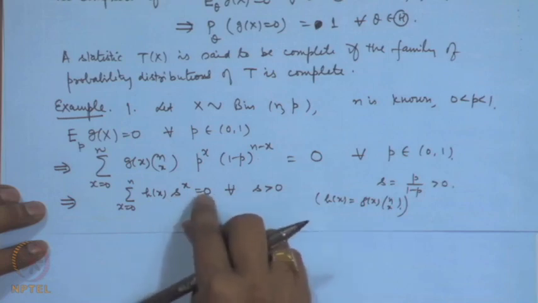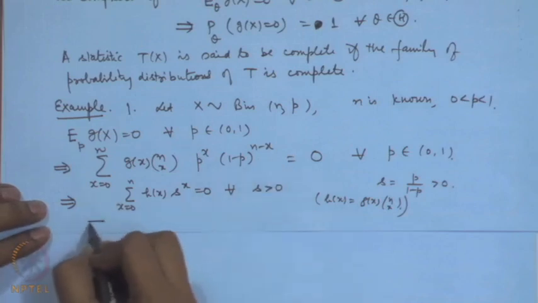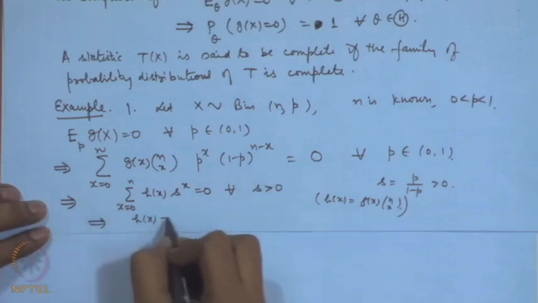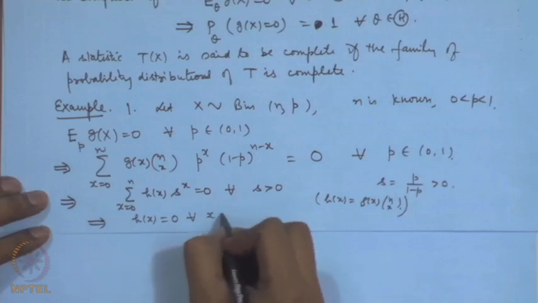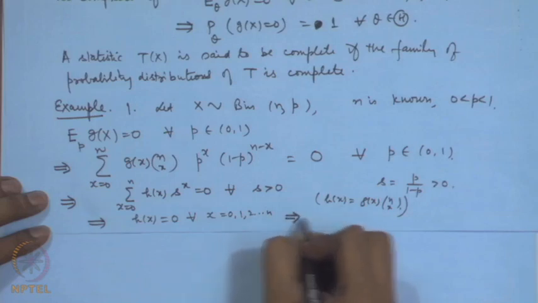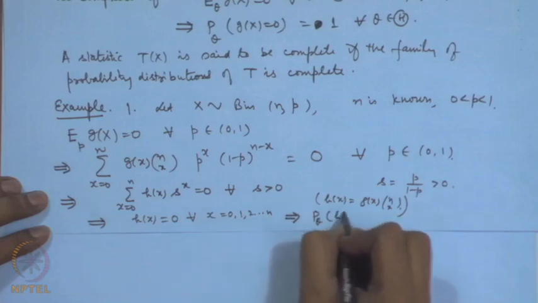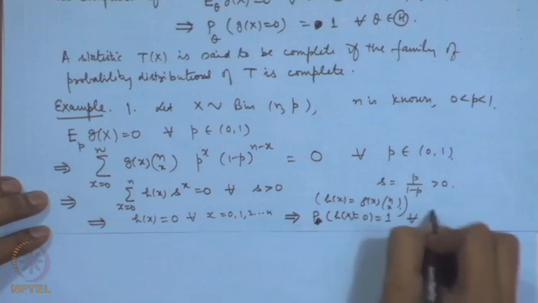Now, if you see this left hand side, this is a polynomial of degree n in s, and I am saying it is vanishing identically over an interval. This implies that h(x) must be 0 for all x. Here, for all x means because x can take values 0, 1 to n. This means that probability that h(X) is equal to 0 is 1 for all p.